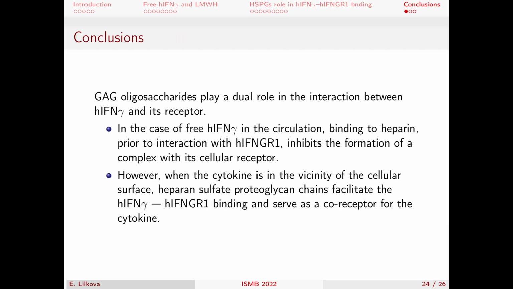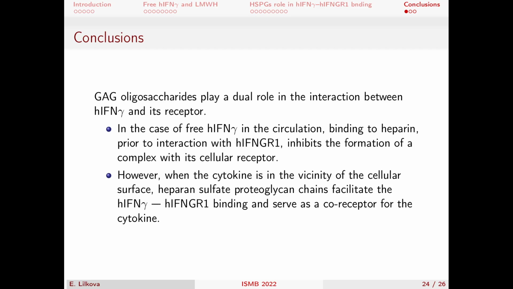So in conclusion, glucosaminoglycans play dual roles in the interaction between interferon gamma and its cell surface receptor. On the one hand, once heparin comes across free human interferon gamma in the bloodstream, it binds to it and prevents further interaction of the cytokine with its receptor, so it can be used as an inhibitor of endogenous interferon gamma.